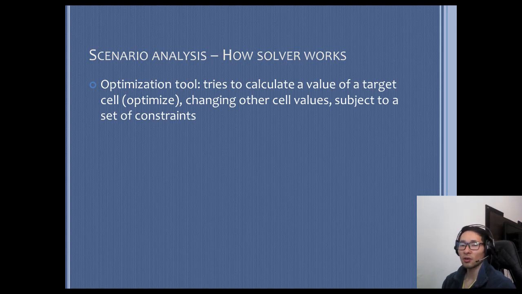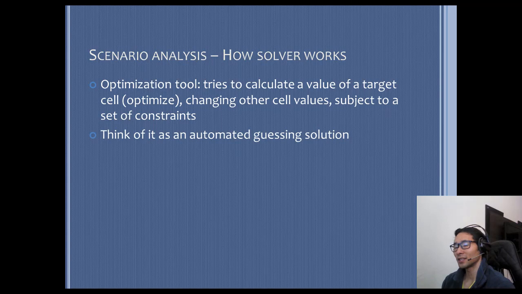It will try to calculate the value of a target cell, either minimize it, maximize it, or make it reach some other value we impose, by changing the values of other cells while making sure they are within certain constraints we impose. Try to think of it as an automated guessing solution.